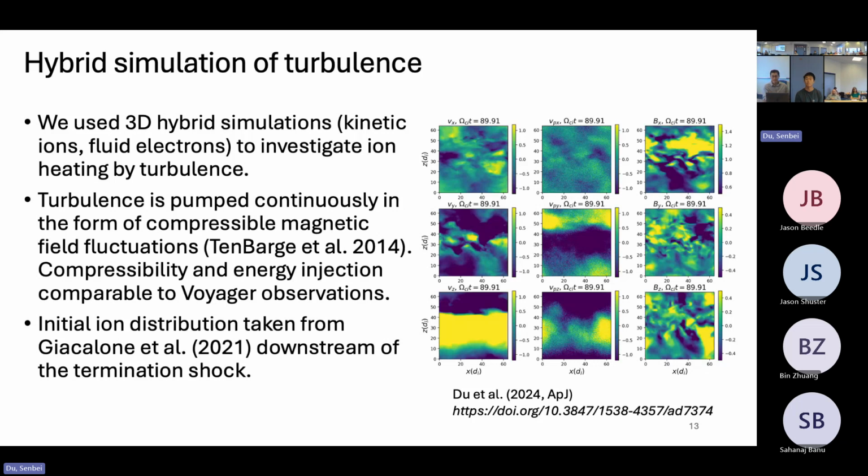We just do a small simulation and we only try to match the energy injection and the compressibility, not the other things. For example, the simulation time is much shorter and it's a small scale simulation. So here it's like 60 something di, barely getting into the inertial range, I guess.